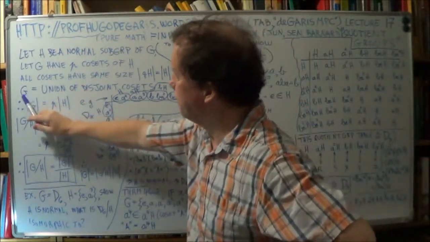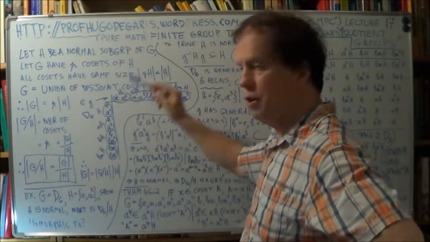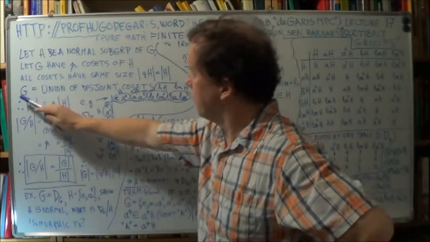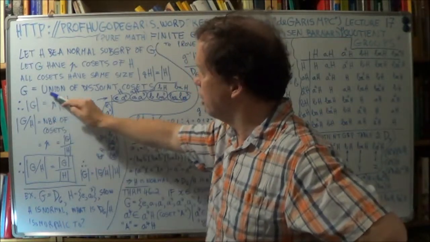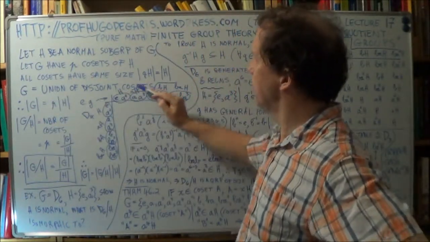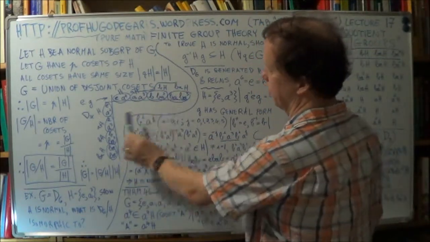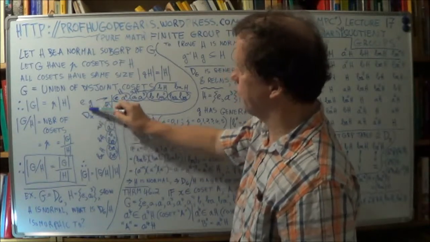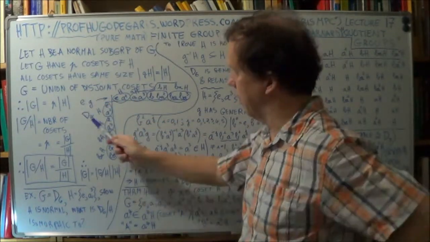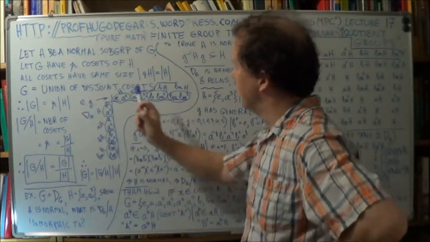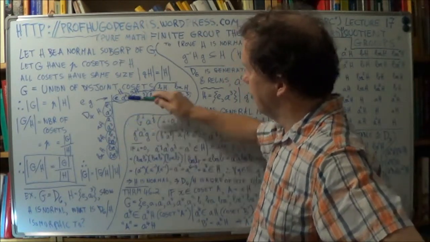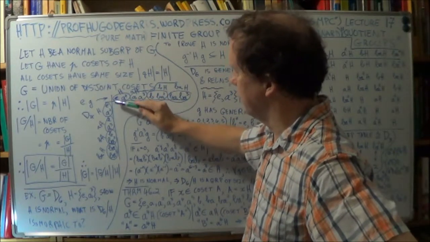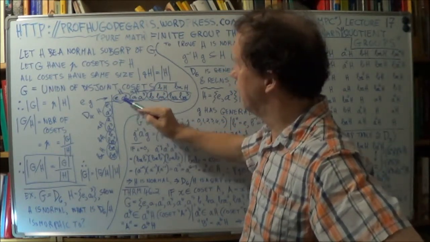Now in the context of quotient groups, your G is a union of disjoint cosets. I haven't drawn out the whole table, but here's a table for D4, the symmetry operations of a square. Here's your subgroup H. It consists just of two elements, E and A squared.